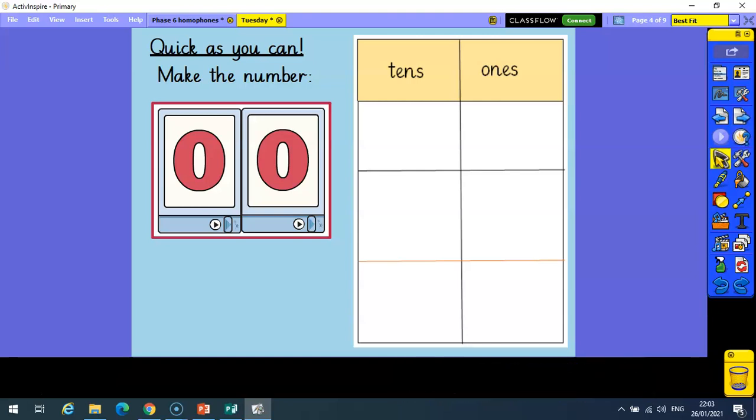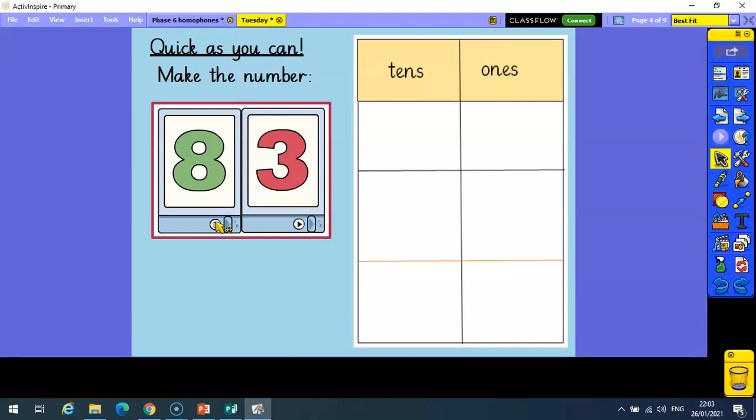Okay, we're only going to do this quickly because we've been doing it every day and you're getting really good at building your numbers now. Get your tens and ones objects and we're going to make a number. Are you ready? The number is 83.